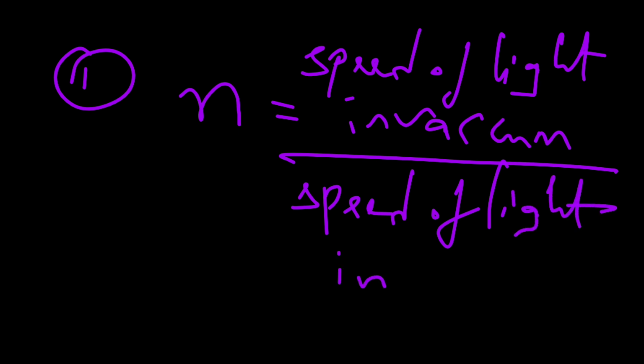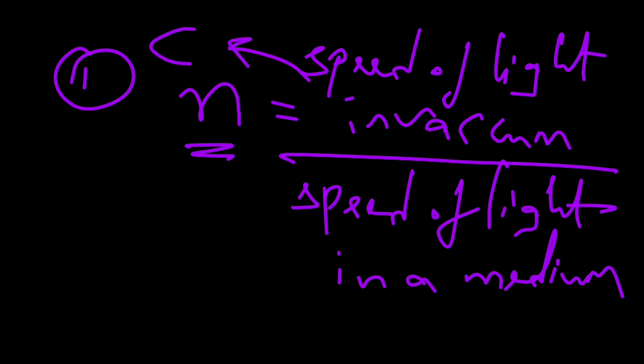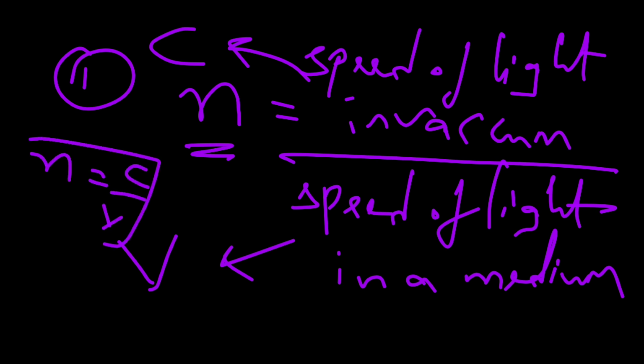Did you get what I'm saying? N means refractive index. Here the speed of light in vacuum is represented by c, and the speed of light in a medium is represented by the letter v. So if you simplify, n is equal to c by v. This is the formula for refractive index.